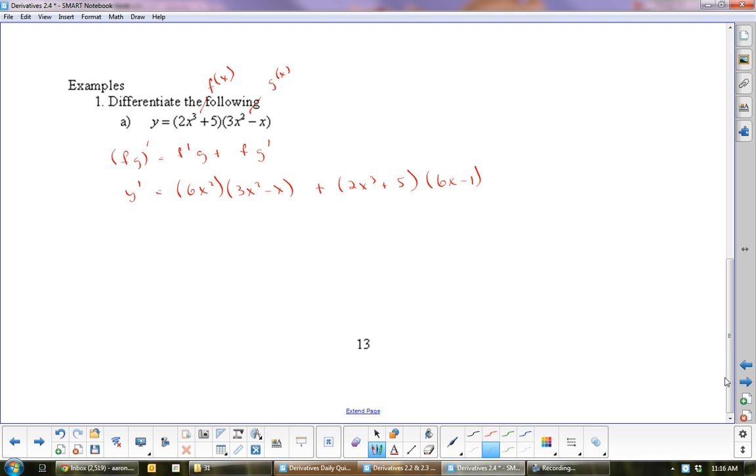It's quite unusual, that's where I was on Friday, they had the chief marker, the AP marker down from the States, and he was just going through the AP exam. And when they ask you to do anything, like do the derivative of this, don't simplify it. You leave it here. They'll give you full marks. If you do the next step and you make a mistake, you get marks off.